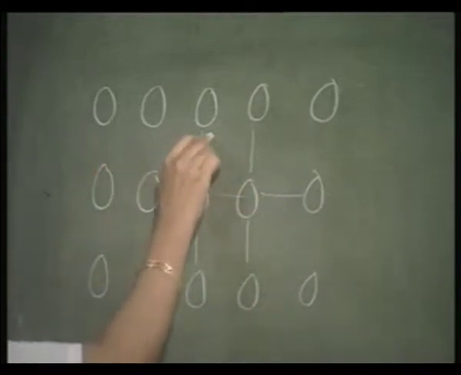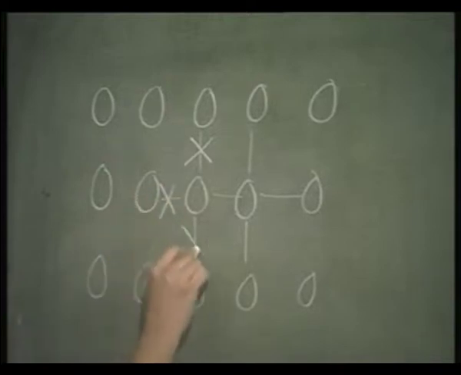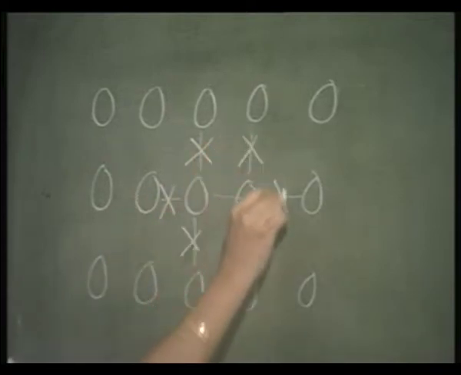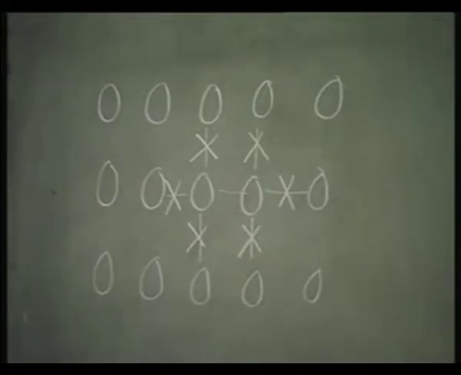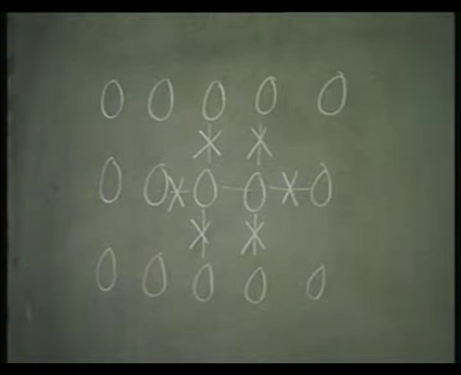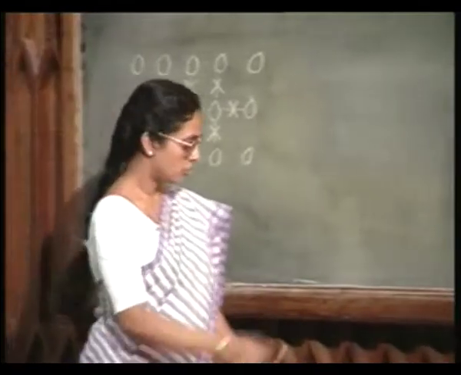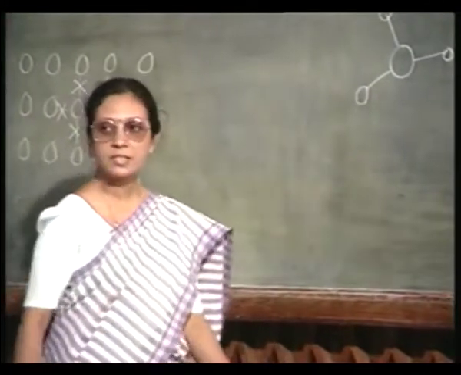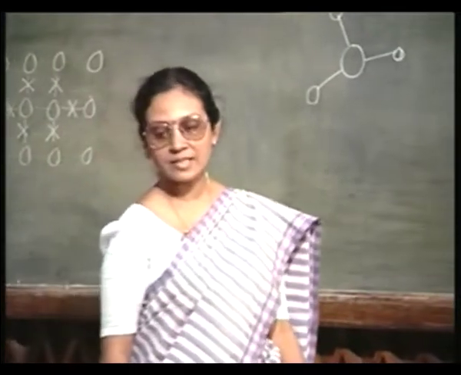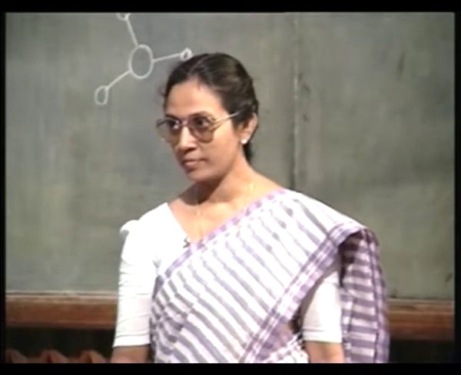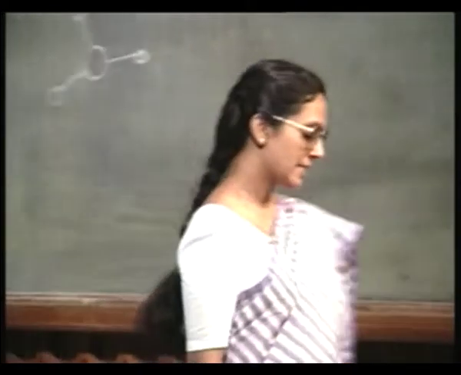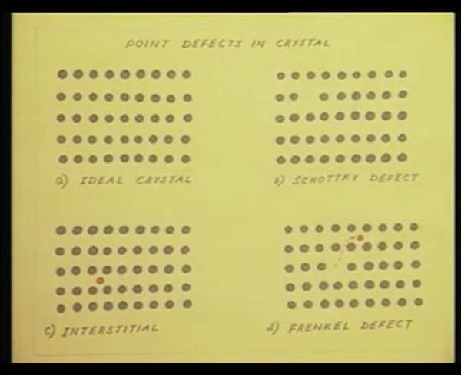I have to break this, this, this, and this. So, totally 6 bonds need to be broken in order to create a divacancy. So, creation of a divacancy is quite easy, rather easier than creating 2 isolated vacancies. So, this is one kind of point defect in a crystal, which is called the Schottky defect or the vacancy.